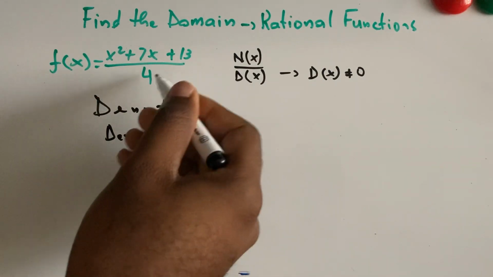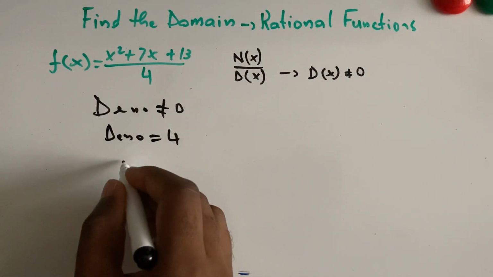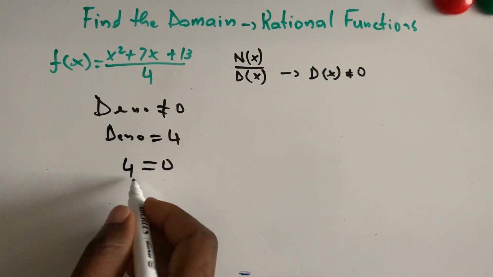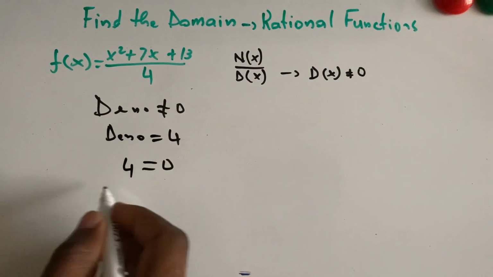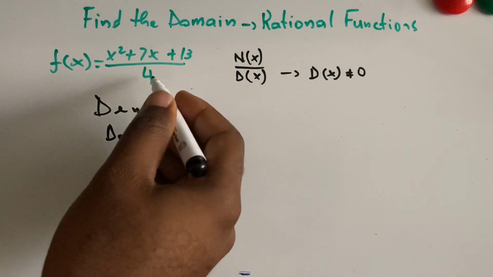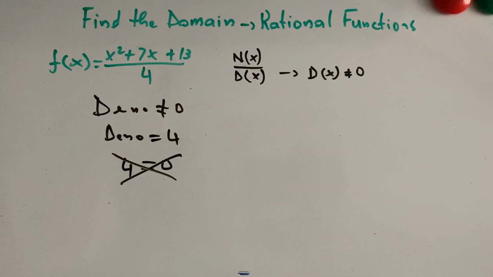You cannot replace it by 0. You cannot solve for x. There's nothing you can do. You cannot even say 4 equals 0 by setting the denominator like that. This is not true. This is false. So you can't do anything here. You see the denominator as positive 4. It's a constant. It's not 0, so it will never be 0.